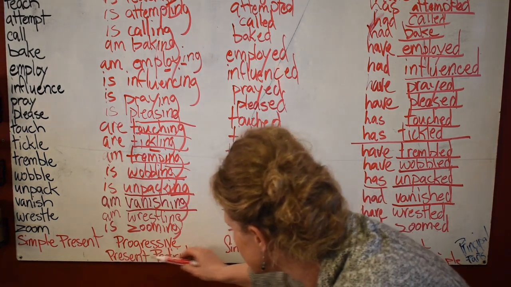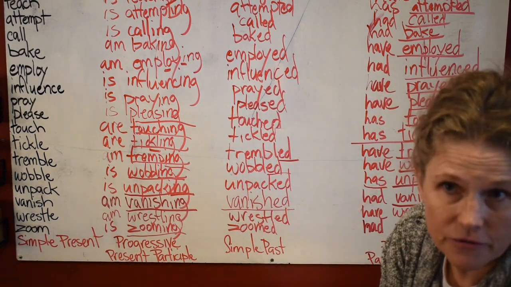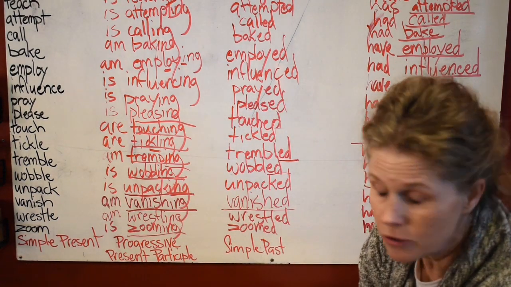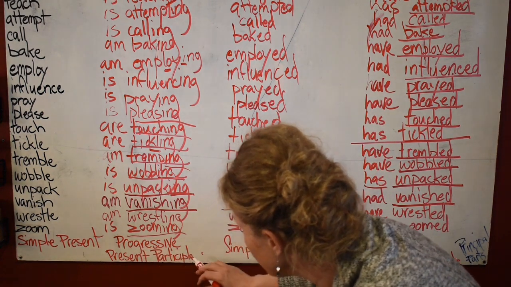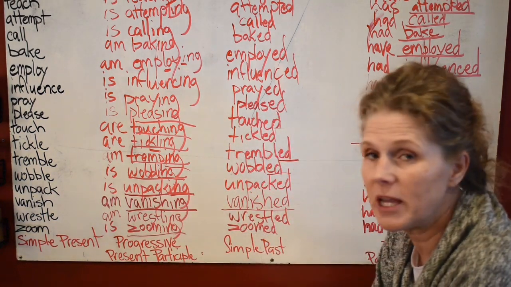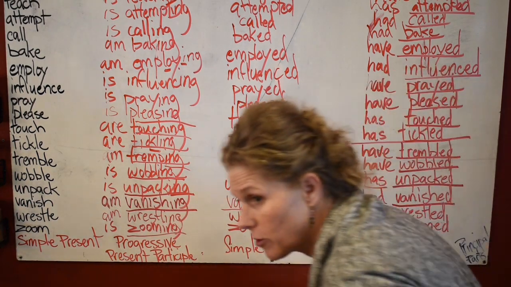It's your present participle. But what if we want to use zooming as an adjective? Do you use any of these verbs? You do not use any of those. So that's why it's confusing. If you're going to use it as a present participle verb, you need an auxiliary verb. If you're going to use it as an adjective, you do not use your auxiliary verb.